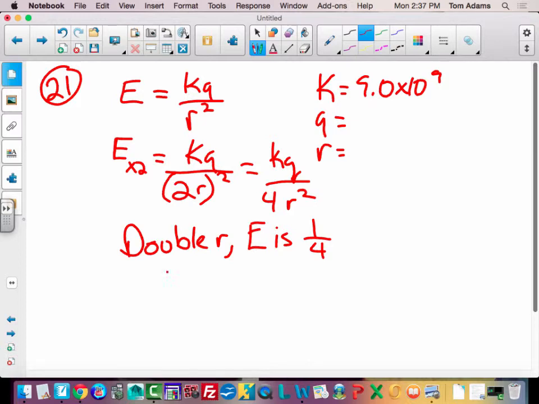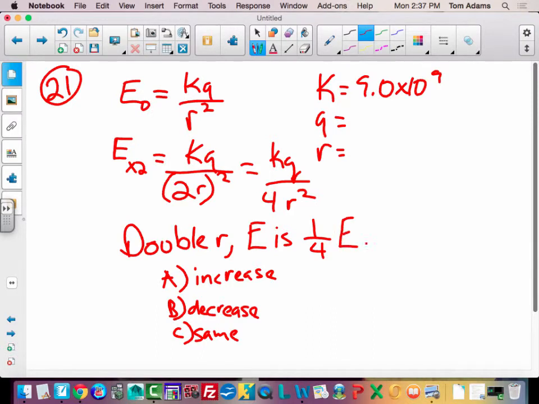I think the options were A, it increases, B, it decreases, and C, it stays the same. Well, 1/4 times, if we call this E naught or E or whatever you want to call it, it's 1/4 times E naught, right? So the answer would be decrease. So that's part A of this thing.